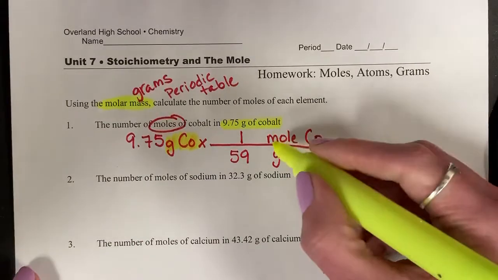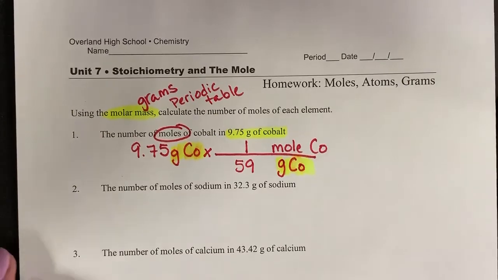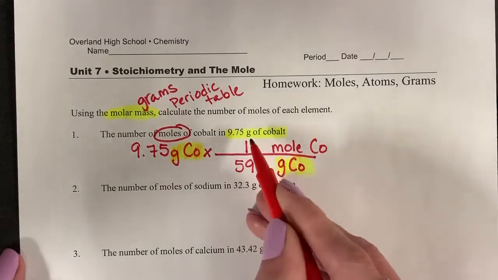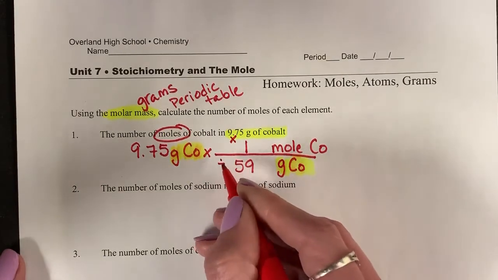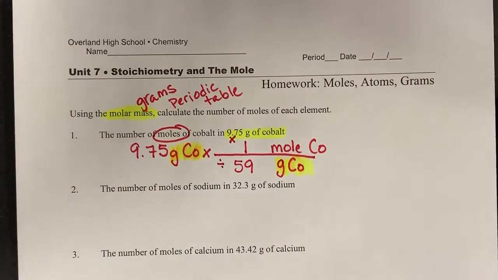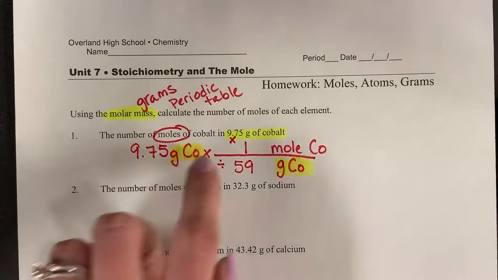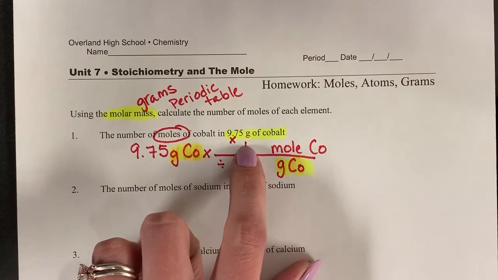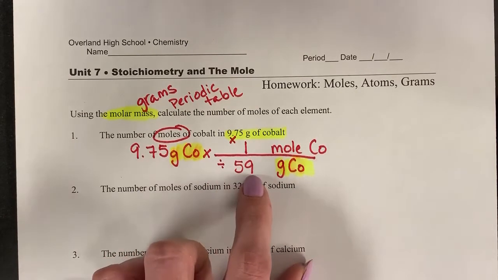Now when I enter this into my calculator, okay, any number that's on top of the line, I'm going to multiply by. Any number that's on the bottom of the line, I'm going to divide by. So I'm going to take 9.75 times 1, and then I'm going to take that answer divided by 59.